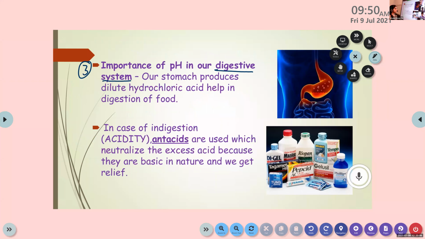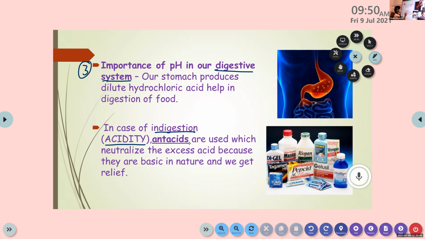So the importance of pH in our digestive system. Our stomach produces the required amount of hydrochloric acid that is helpful for the digestion of food. In some cases, excessive production of this hydrochloric acid occurs in the stomach, and it causes the condition called acidity, otherwise known as indigestion. To solve these health issues, we use a medicine known as antacids.